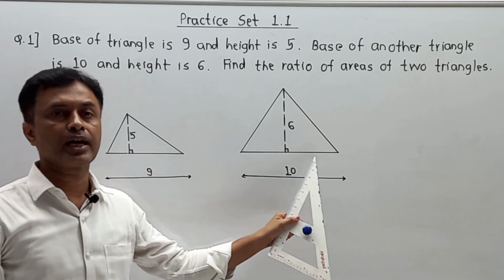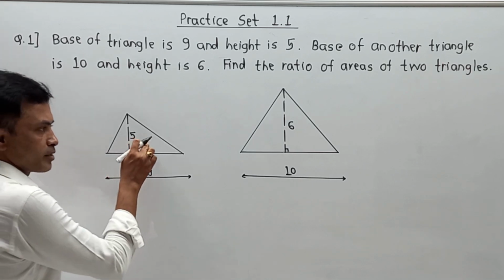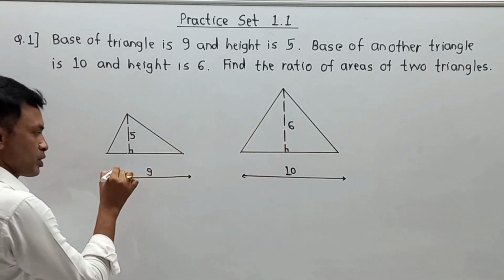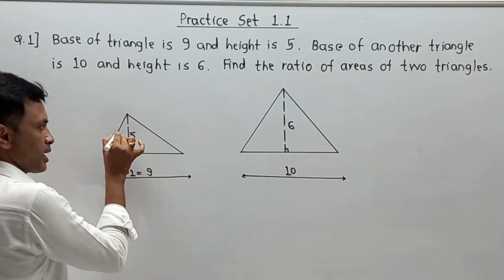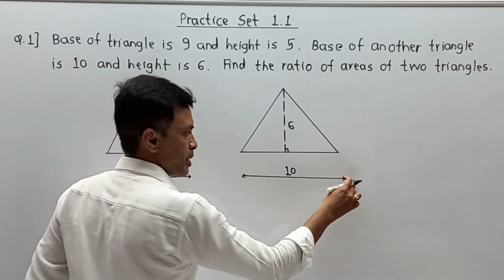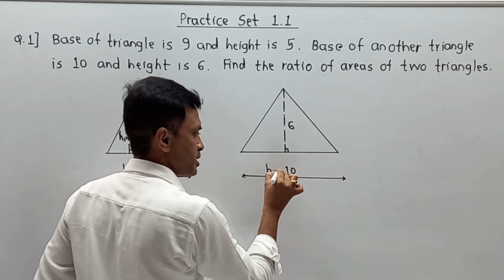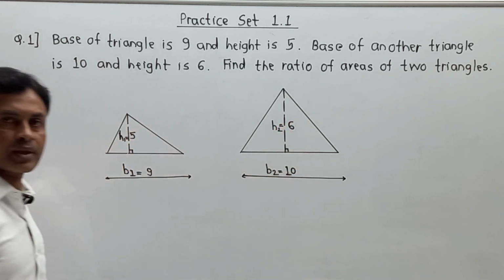Here I have not given any kind of nomenclature. You can directly indicate that this is the first triangle and this is the second triangle. So I am going to indicate it as base of first triangle is 9 and height of first triangle is 5. Base of second triangle is 10 and height of second triangle is 6.